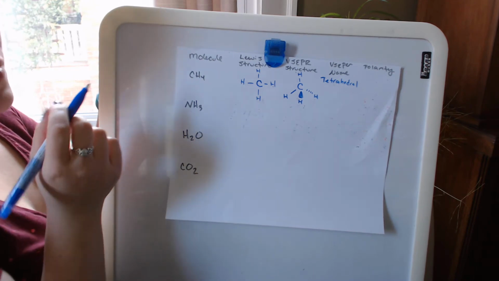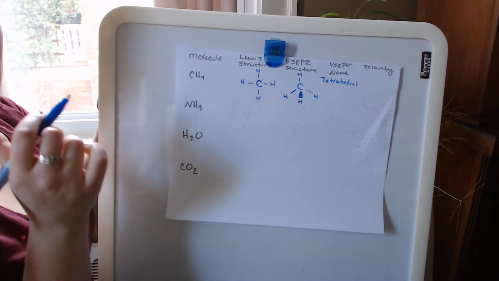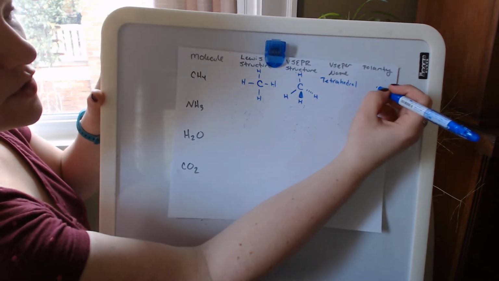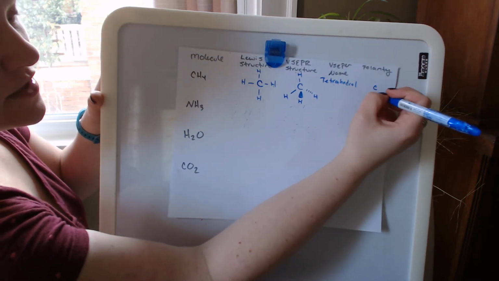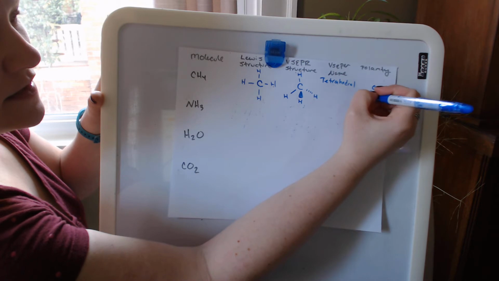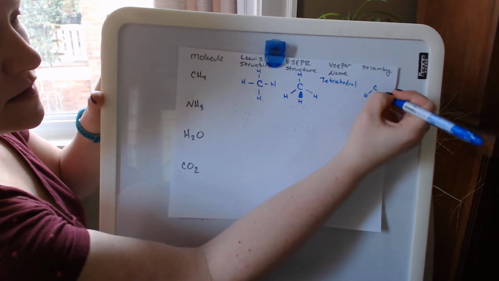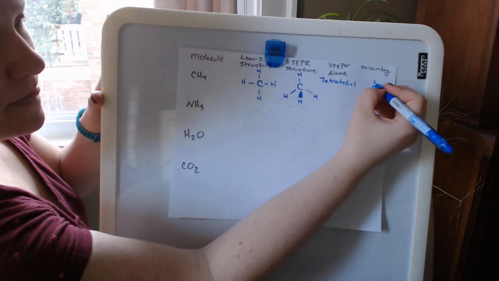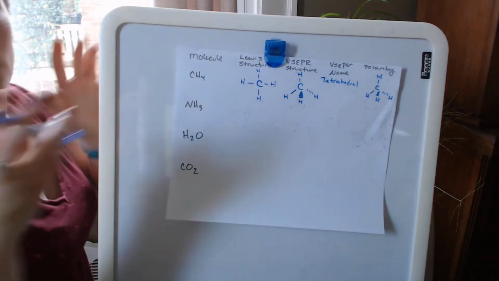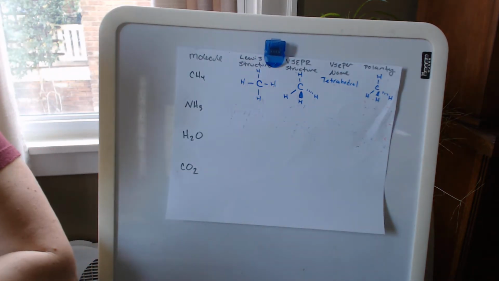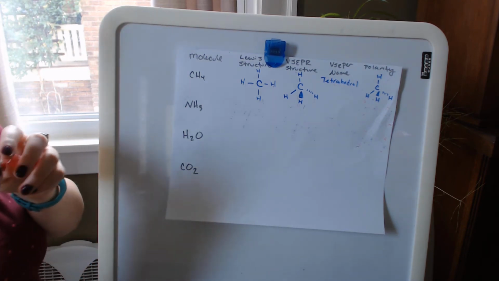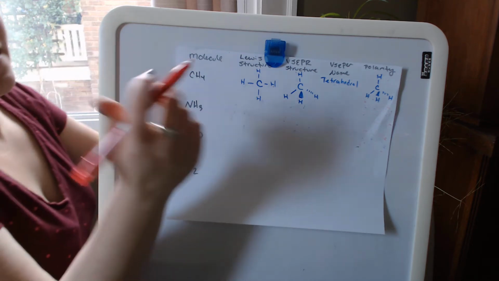And then for polarity, we're looking to see if the molecule has any partial charges. So we're going to start by drawing our VSEPR structure again. And then you're going to look at your periodic table, and you're going to compare the electronegativities of the elements in the compound.